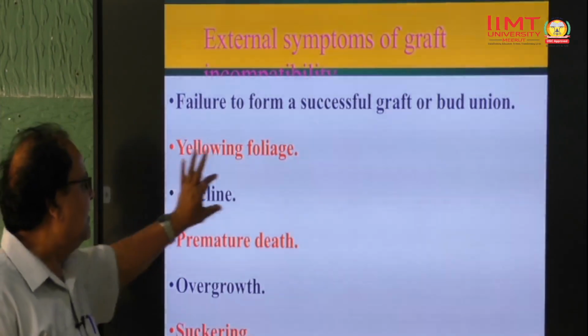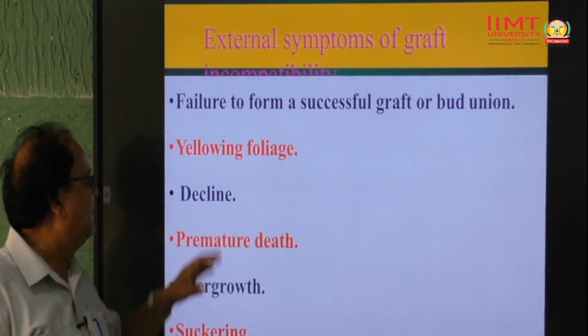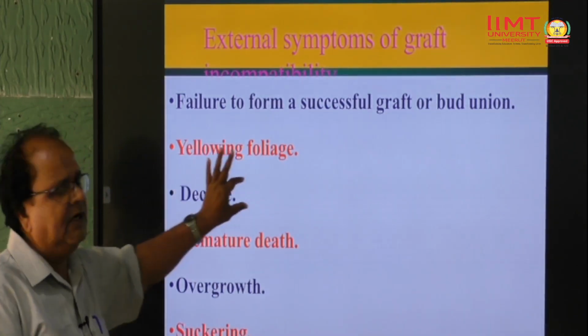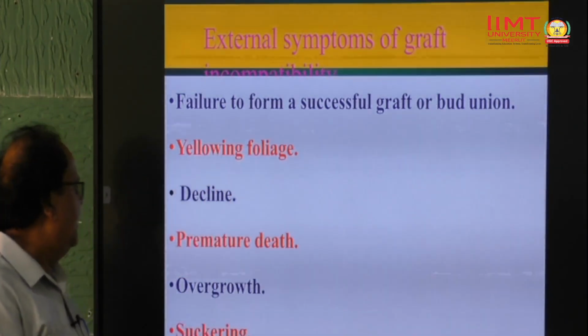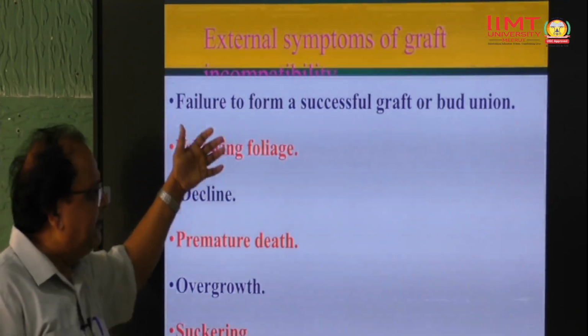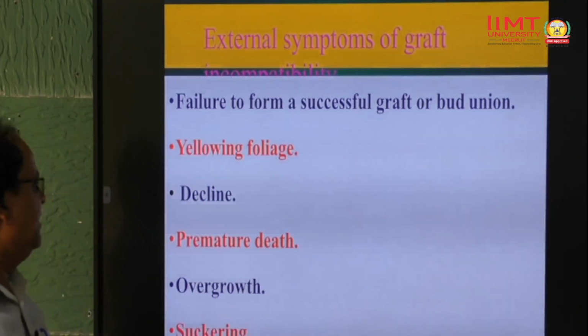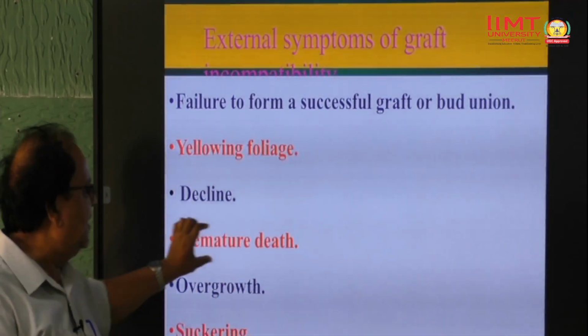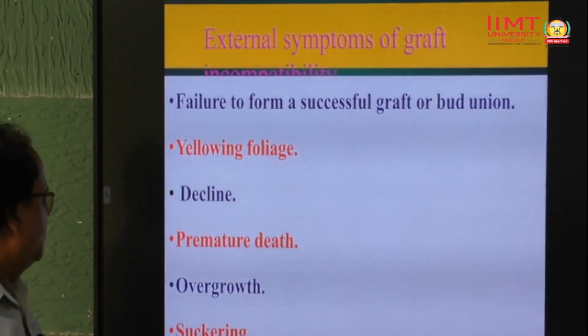Secondly, decline. Decline means that if the combination of rootstock and scion fails, the plants die up or decline. Premature death means failure depending on the failure of the rootstock and scion, and at the time of development the whole plant dries up.